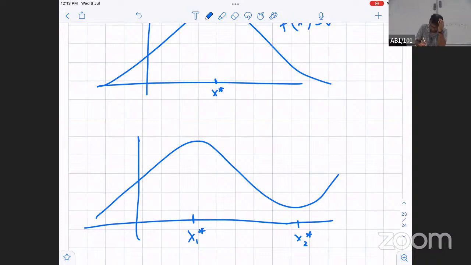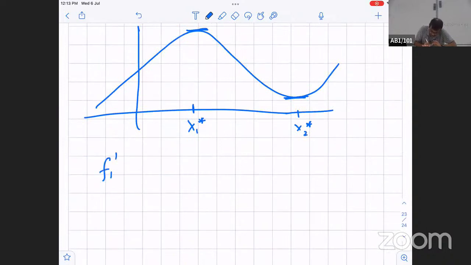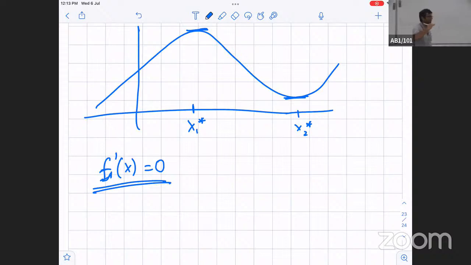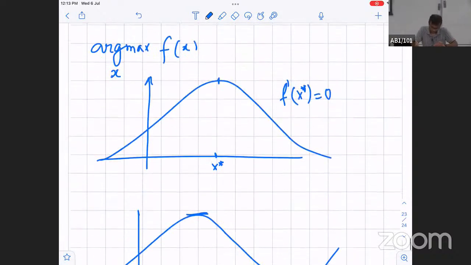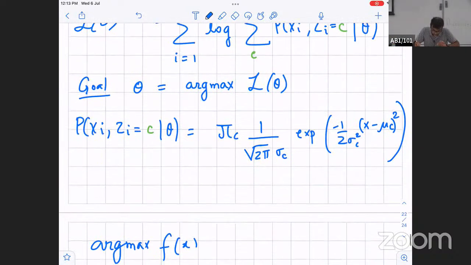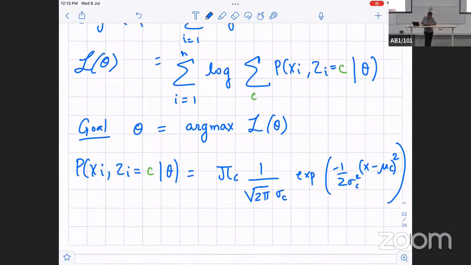We will overlook that and just look at what value of x satisfies f dash x equal to 0, and hopefully that is the maxima. So the goal will be to take this likelihood, take the derivative with respect to that, and see what it goes to.